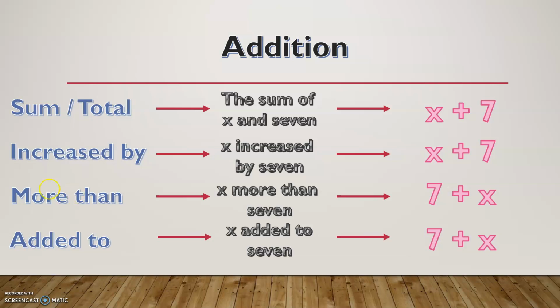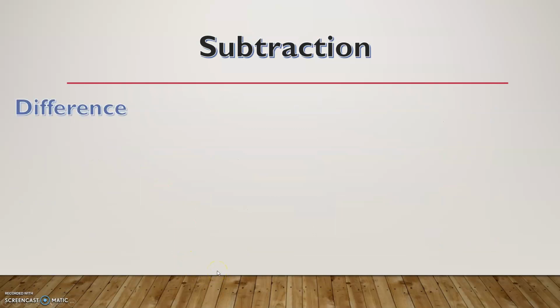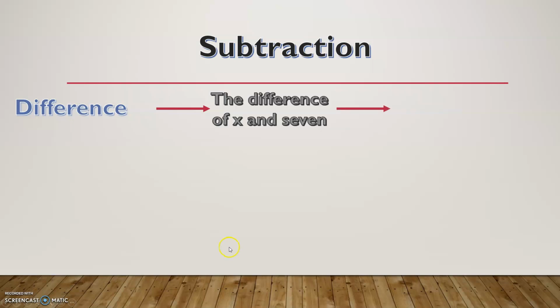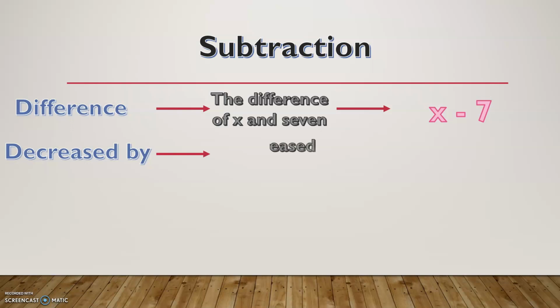So, let's proceed with subtraction. For subtraction, we have the difference. When you say difference, it will be about subtraction. The difference of x and 7 will give us an answer of x minus 7. And if we have decreased by, this is under subtraction. So x decreased by 7 is x minus 7.